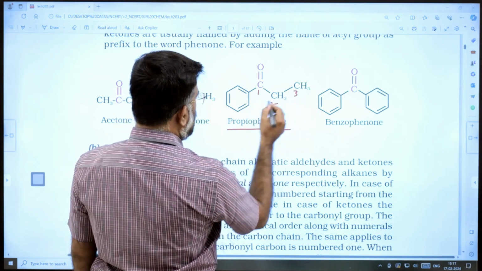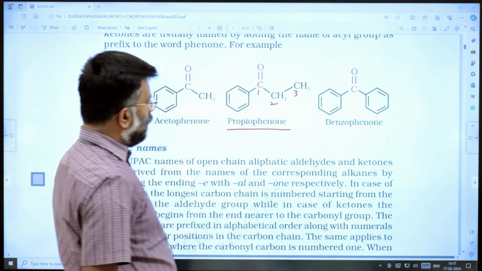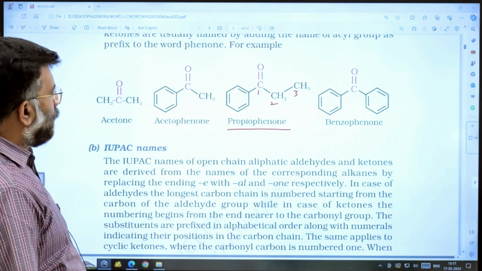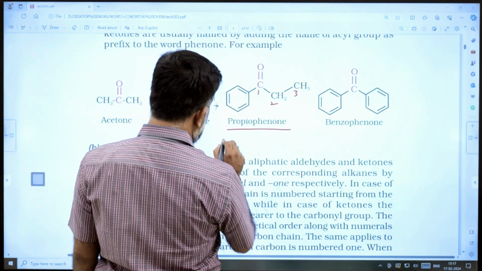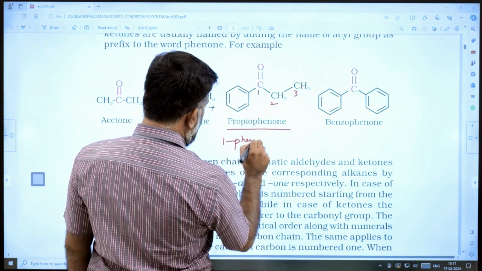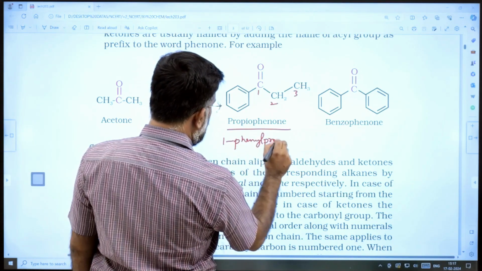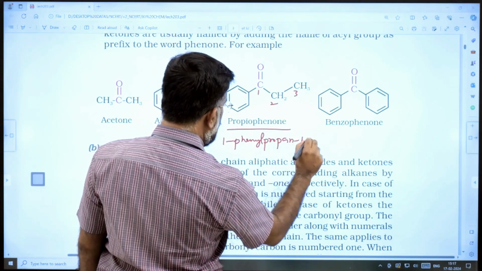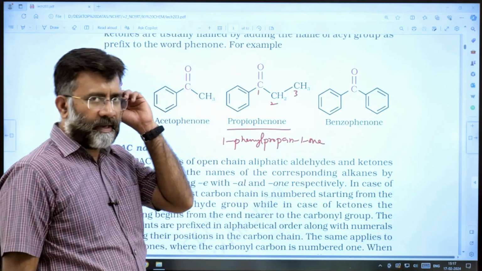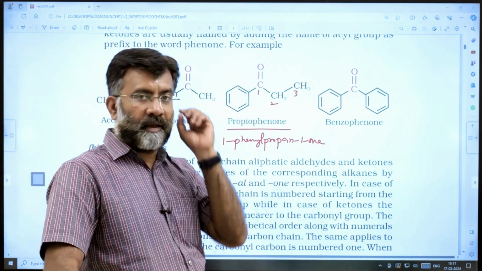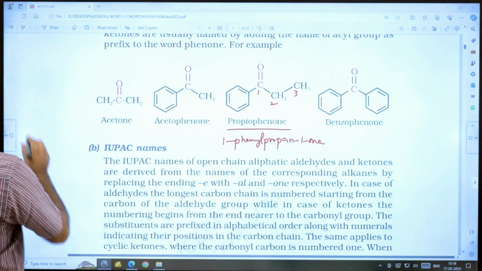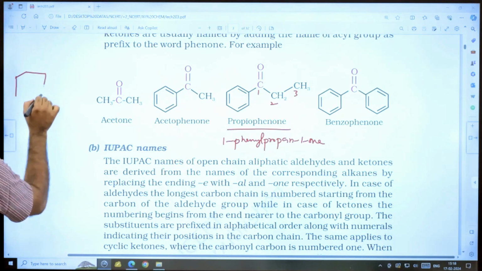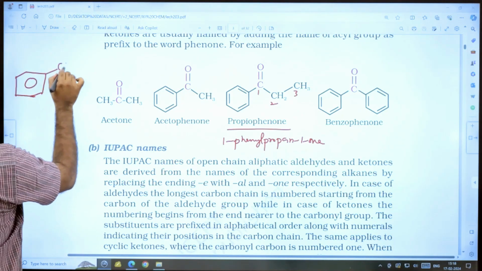1-phenyl propan-1-one. You need to give the locant 1 because there can also be a 2-one. 1-phenyl propan-2-one, it can be like this, no?